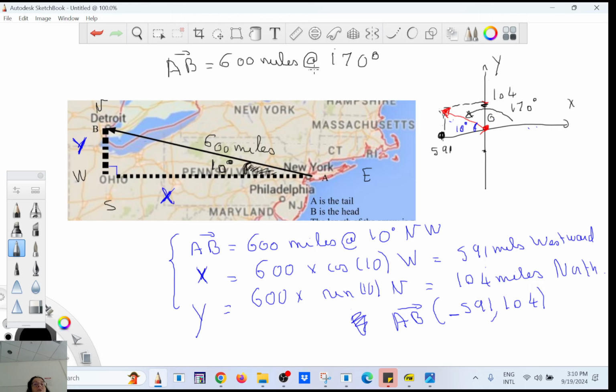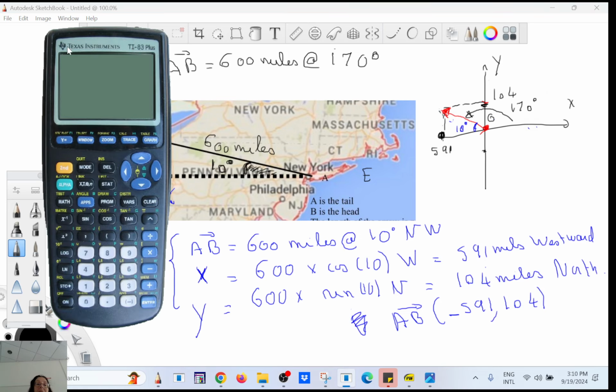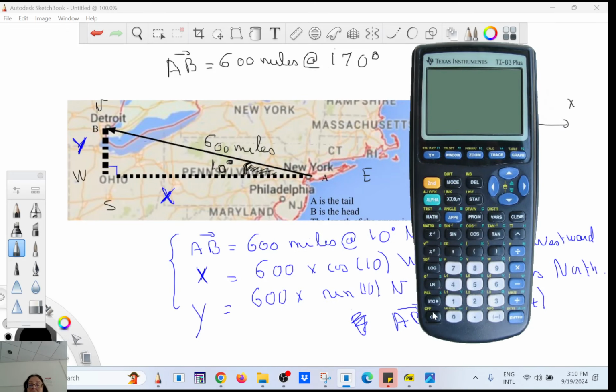Now, why do you want to use this notation? Because then you don't have to think, you memorize it. If you use that notation, the x component will always be cosine and the y component will always be sine.